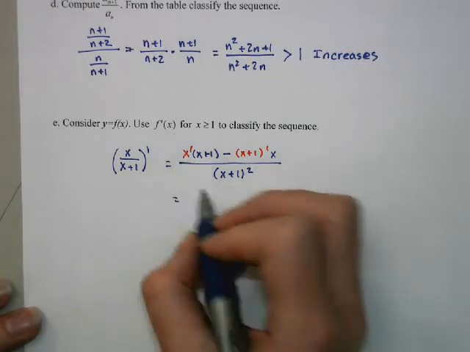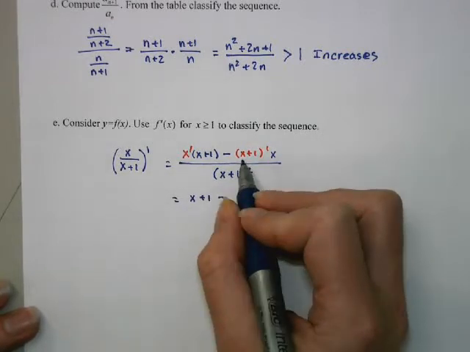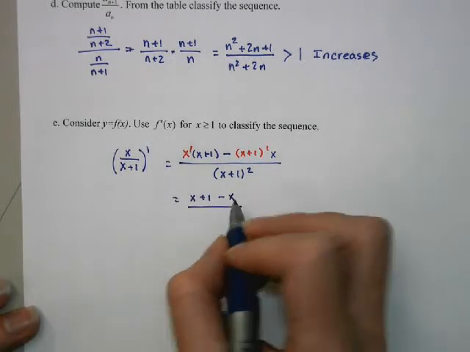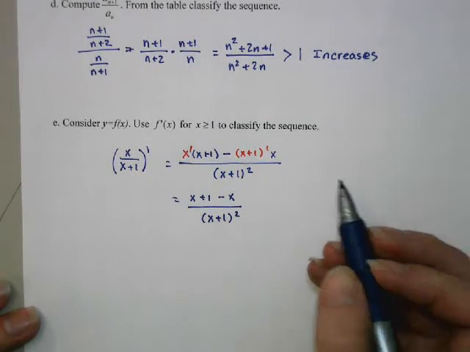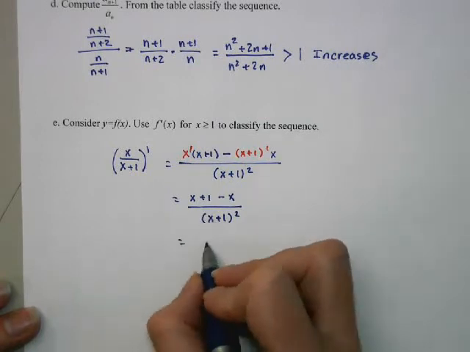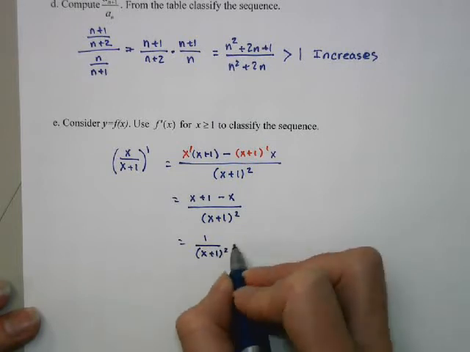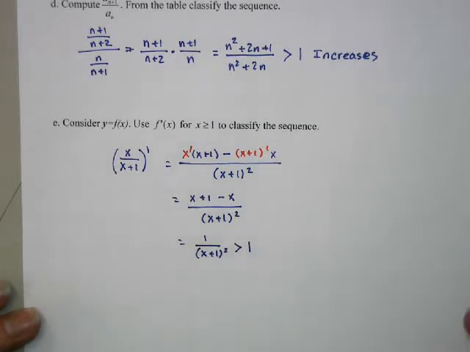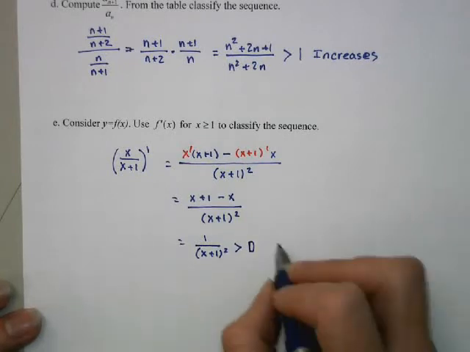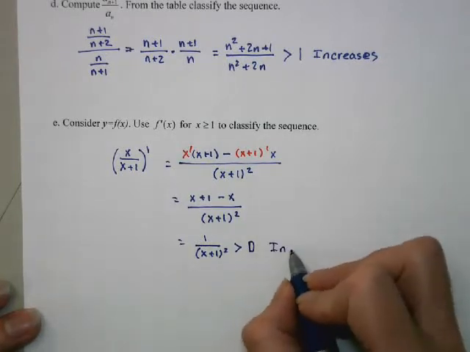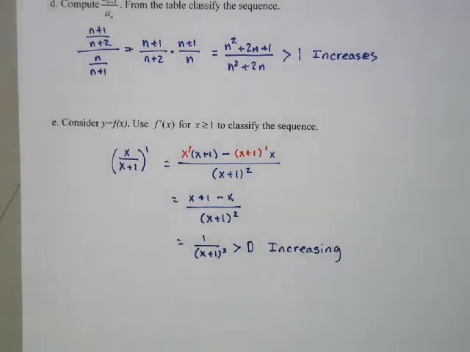So the derivative of x is just 1, so we have x plus 1 minus, that's derivative is 1, so minus x. So x minus x goes away, so we have 1 over (x plus 1) squared, which is always positive, greater than 0, so it is increasing. If the derivative is positive, we are increasing.